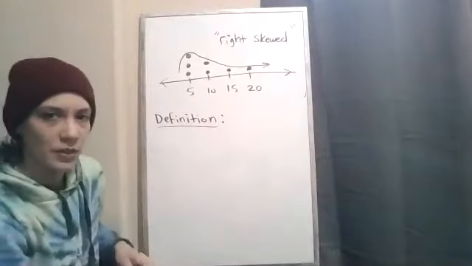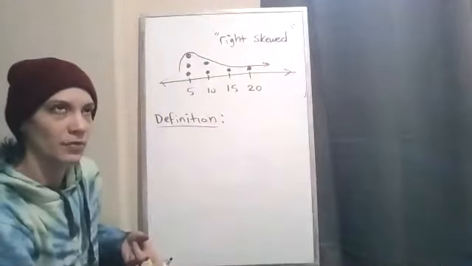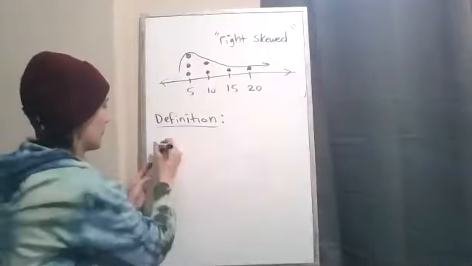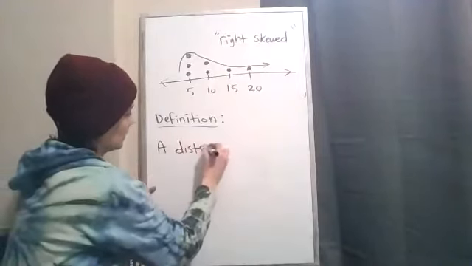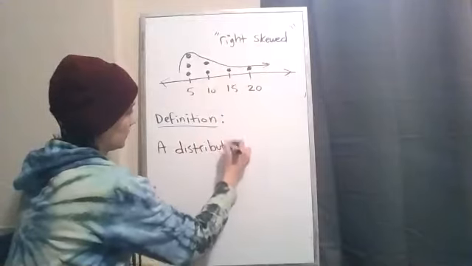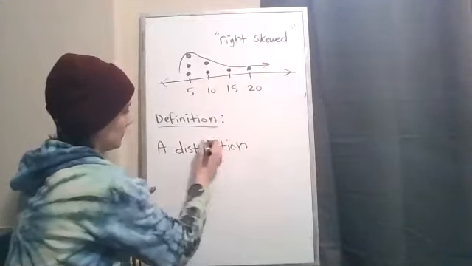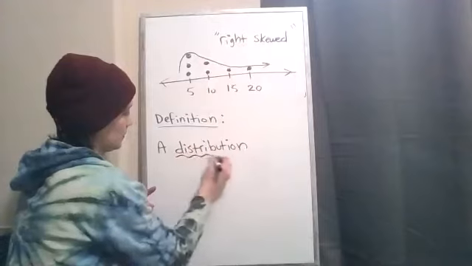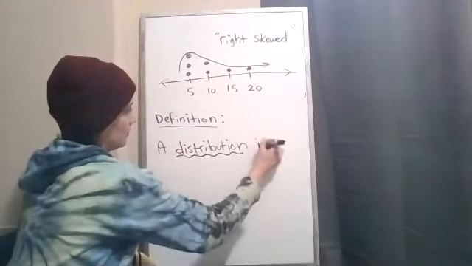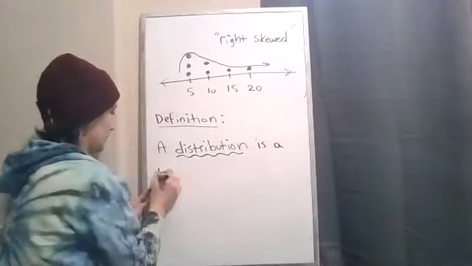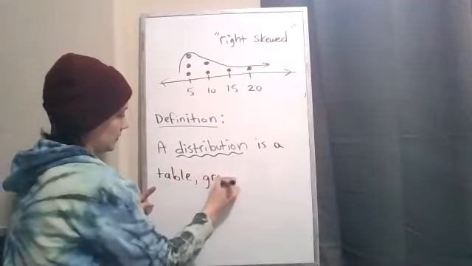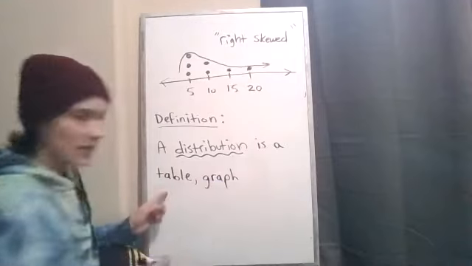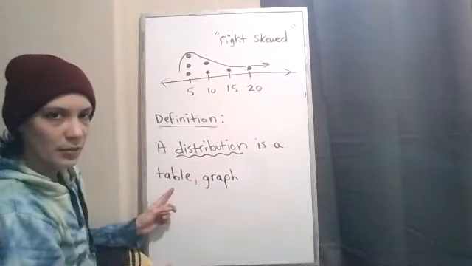So a distribution is a table, graph, or formula. We've seen some tables, we've made some frequency tables.